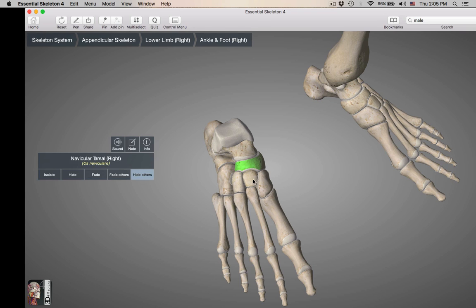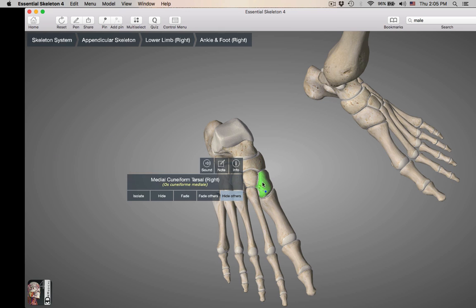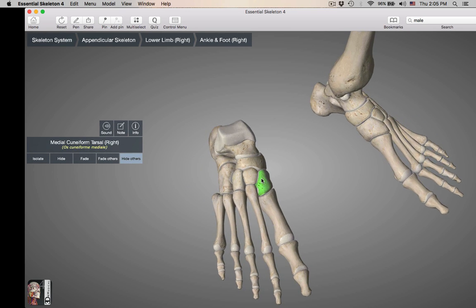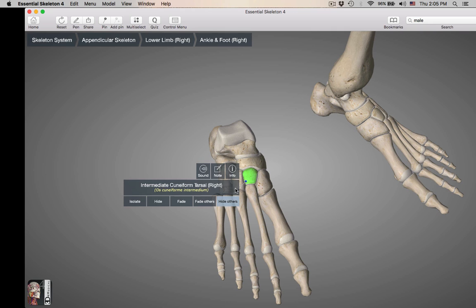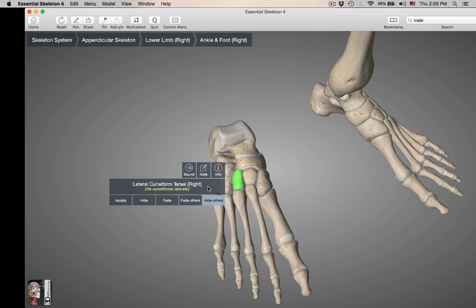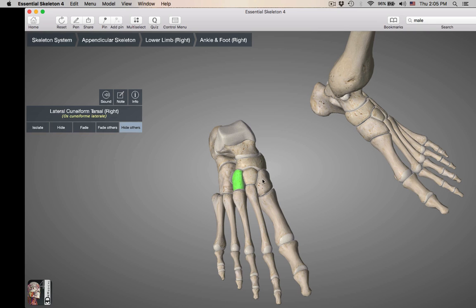Then we're going to get to the medial cuneiform, intermediate cuneiform, and lateral cuneiform. So medial, intermediate, and lateral cuneiform.